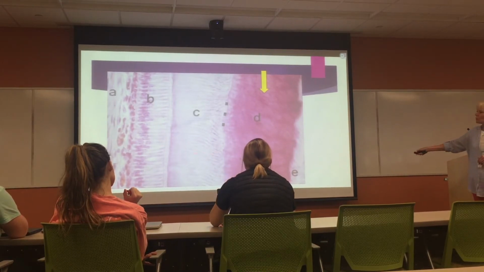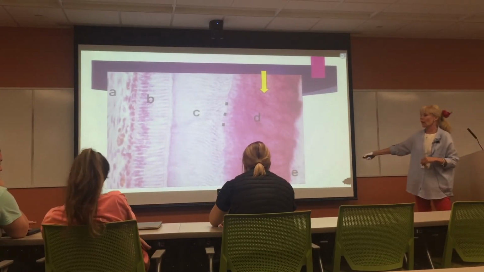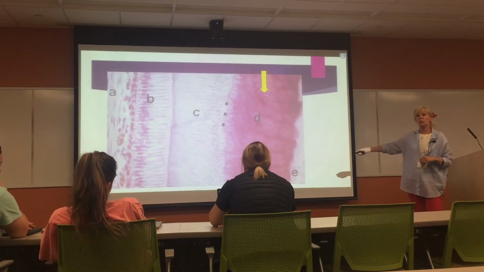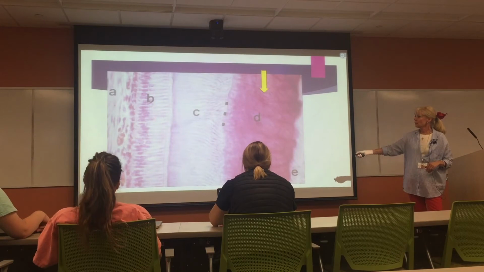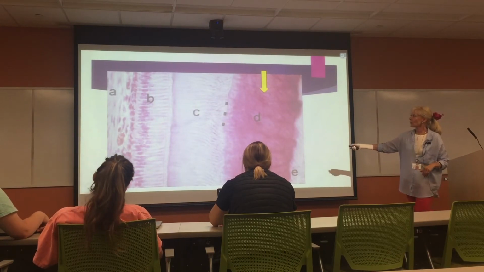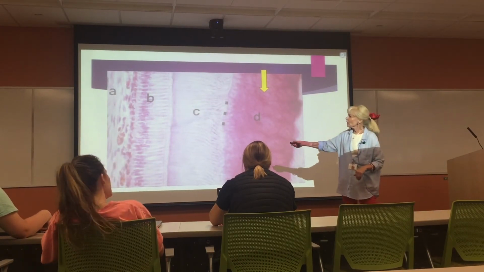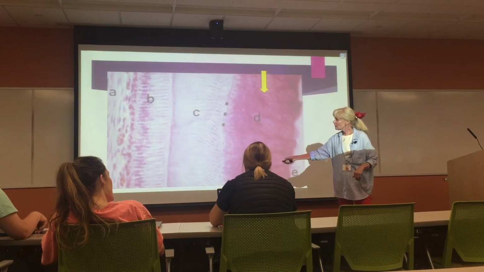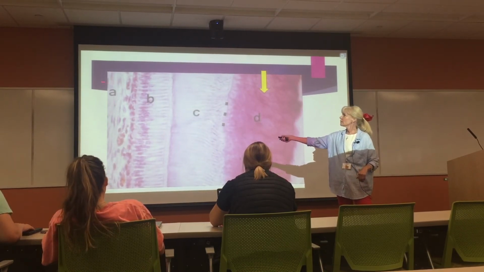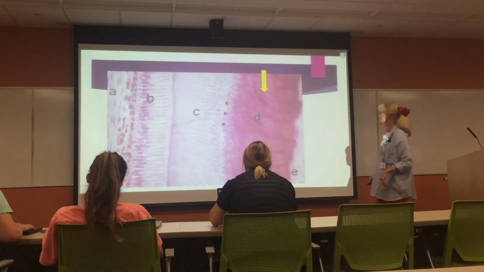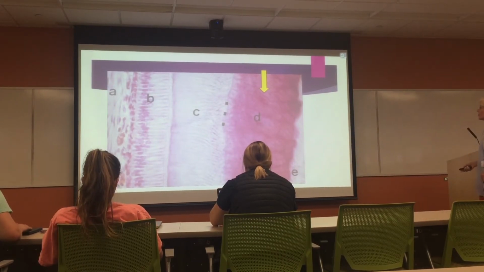You can also sometimes see the odontoblastic process here. And what layer is this? Ameloblast. Yep, and what layer is right above it? Stratum intermedium, and this would be stellate reticulum.